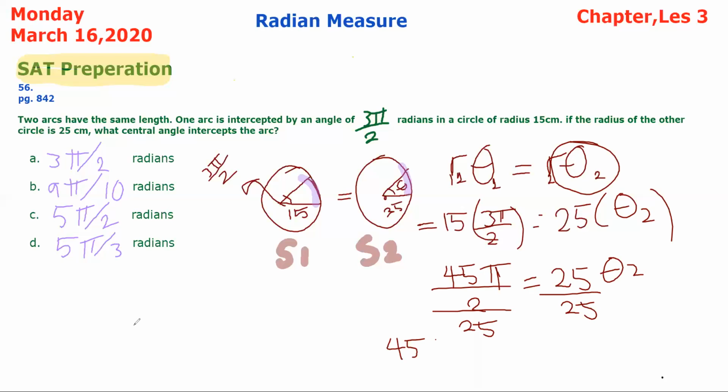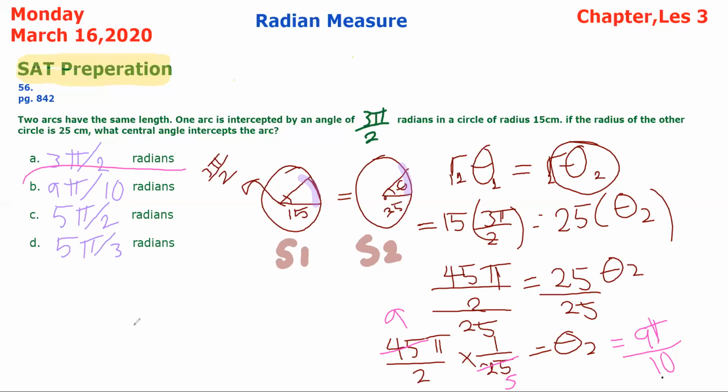So 45π over 2 multiplied by its reciprocal 1 over 25 is equal to theta 2. Then divide by 5: 45 over 5 is 9, 25 over 5 is 5. So it is 9π over 2 times 5, which is 10. 9π over 10, which is B.